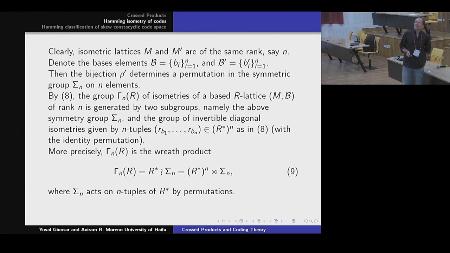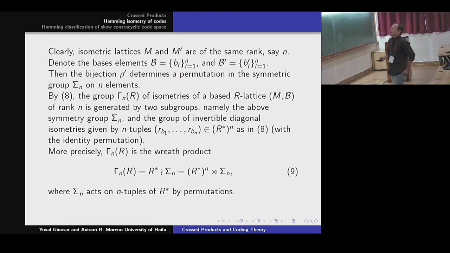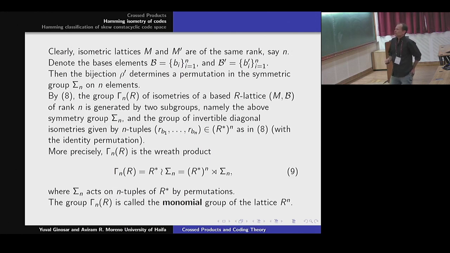More precisely, the group of isometries of this R lattice, this should be not gamma n of R, it's gamma n of M, B, is the Ritz product of R star to the n and sigma n, where sigma n acts on the n tuples of R star by permutations. This is just the monomial group of the lattice.